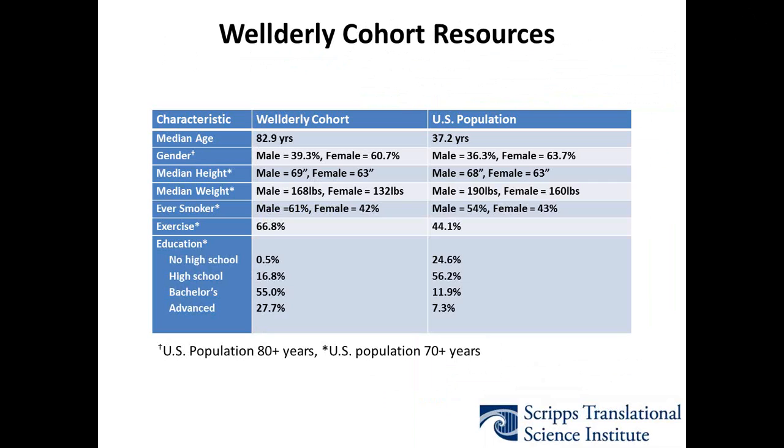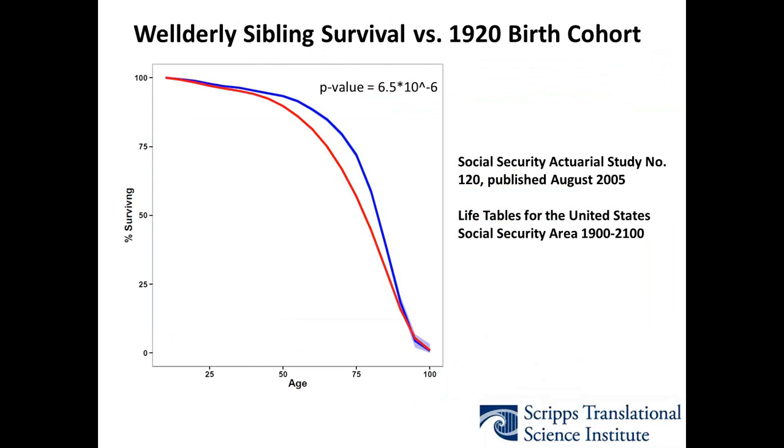And then the education distribution is shown here, so they tend to be more highly educated than the individuals in the U.S. population at their age. So there's some evidence maybe for non-genetic factors that could be driving this phenotype, but I wouldn't say anything terribly overt.